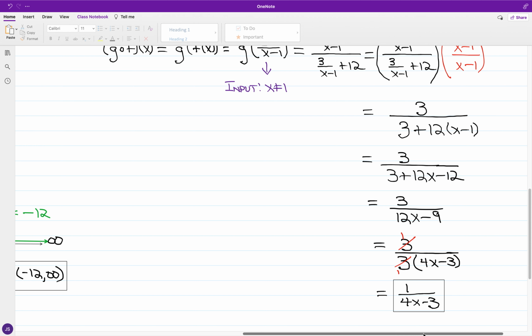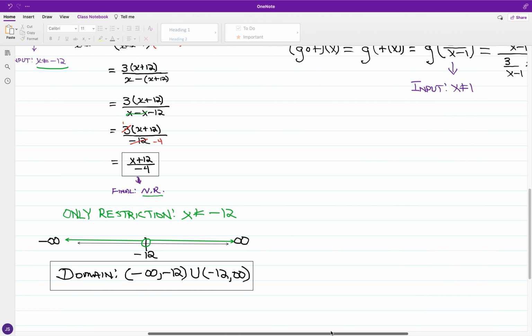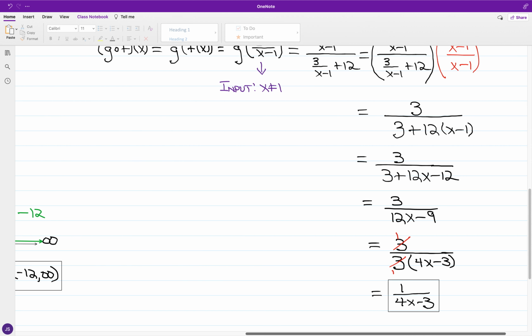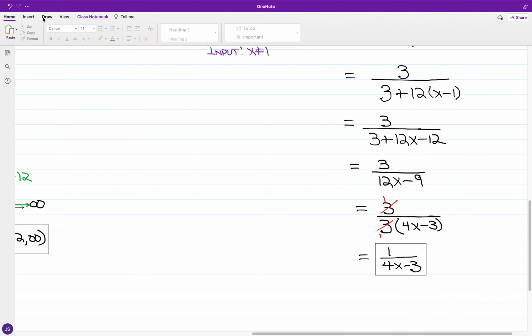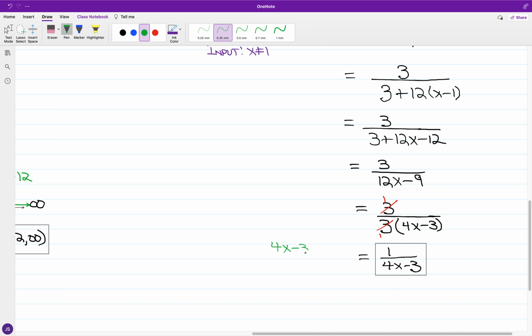Now before, the output did not have an x expression in the denominator. But now for part F, we have 4x minus 3 on the bottom. So in essence, 4x minus 3 is not equal to 0.